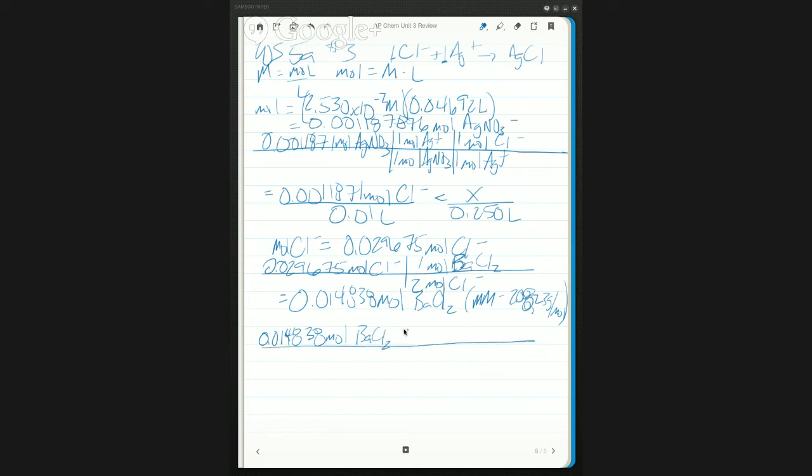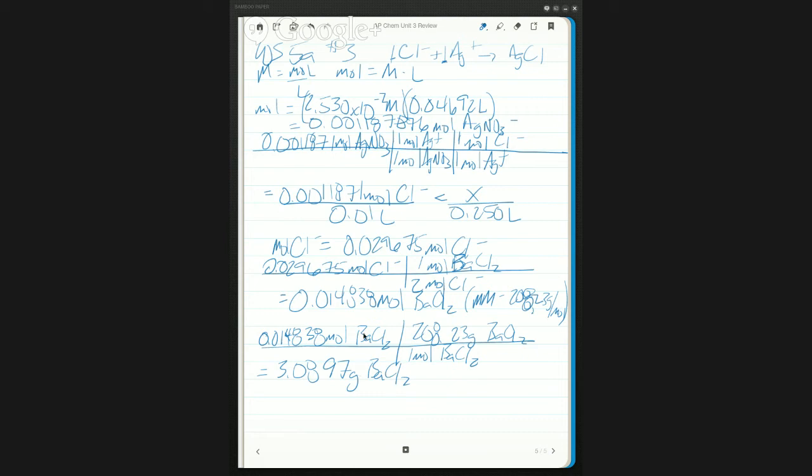Put a little bridge here. For every 1 mole of barium chloride, we have 208.23 grams of barium chloride. And that will end up being equal to 3.0897 grams of barium chloride.